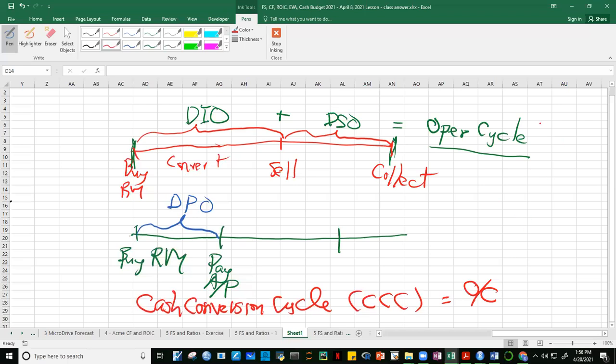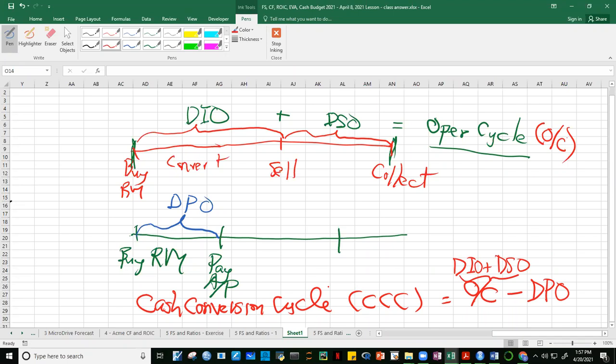Let's call this OC, minus your DPO. Or this is your DIO plus DSO, tapos ima-minus natin DPO, that's your cash conversion cycle.